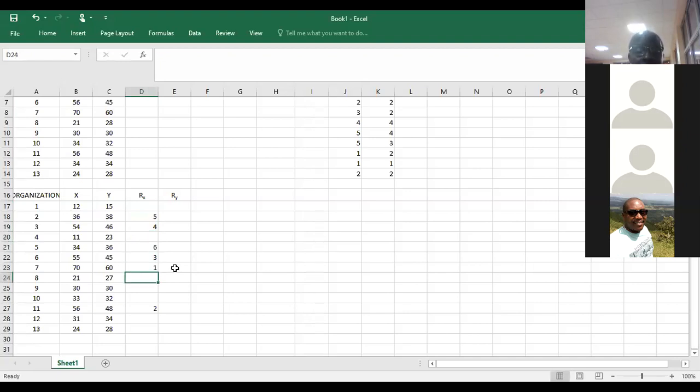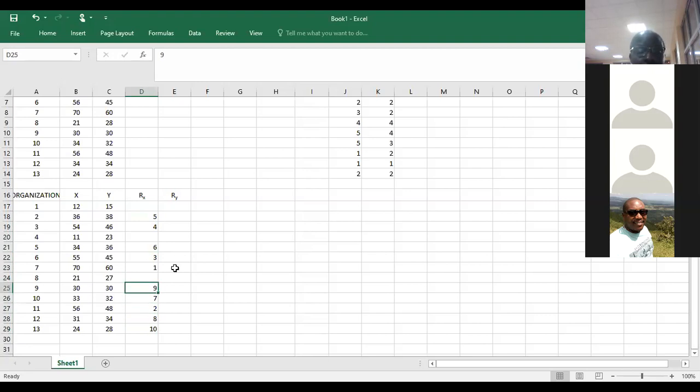Next? 33. 33 number 7. Next? 31. 31 is number 8. Then 30, number 9. Then 24, number 10.